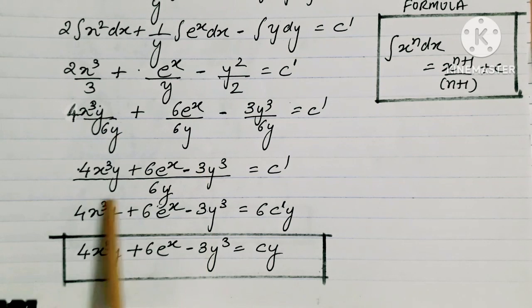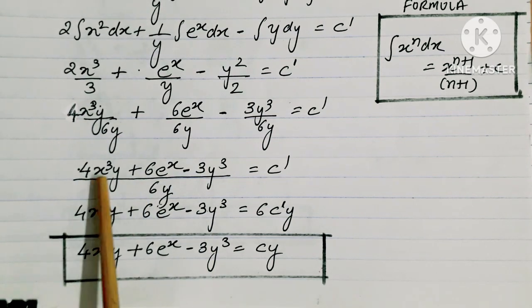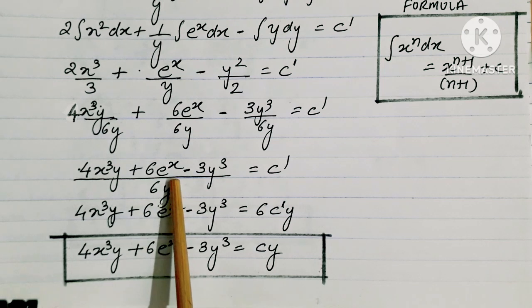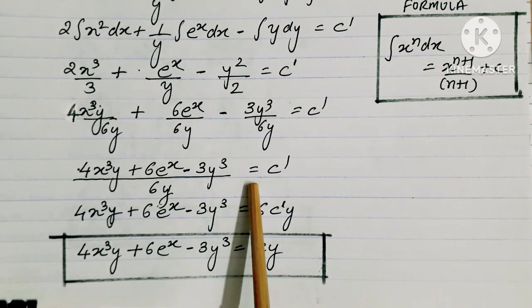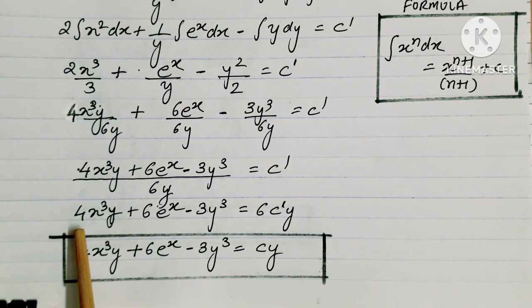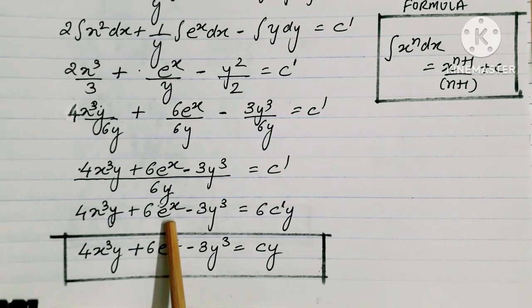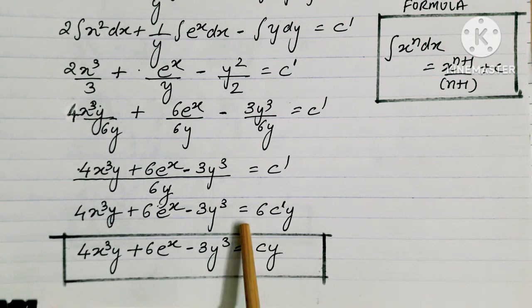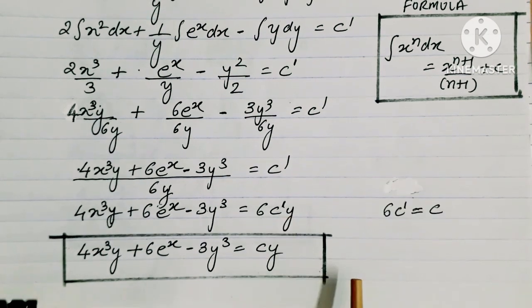Now rewriting this with a common denominator 6y, this would be 4x cube y plus 6 into e raised to x minus 3y cube upon 6y is equal to c dash. And this would be 4x cube y plus 6 into e raised to x minus 3y cube is equal to 6 c dash y.